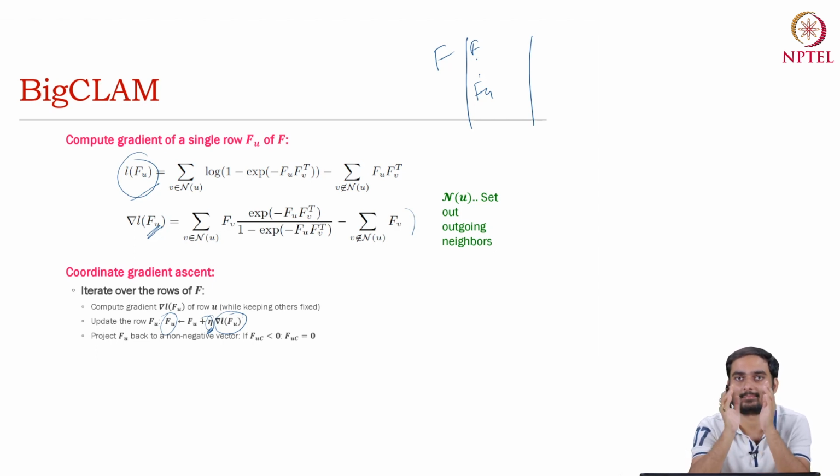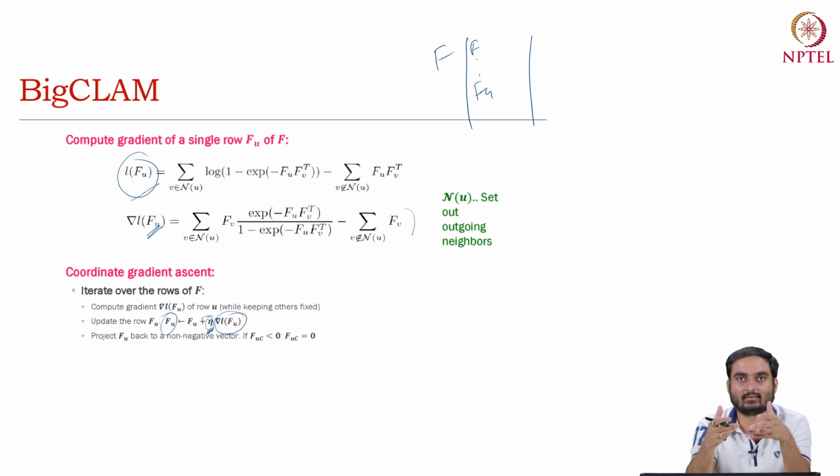Okay, so this is about BigClam, and the beauty about BigClam is that, so let us try to recap what we have discussed. So we started off with a parametric model, and then one of our parameters was this F, right? This F matrix. I think this is the only parameter that we have, and then we come up with a loss function.